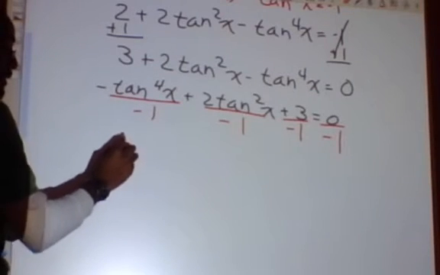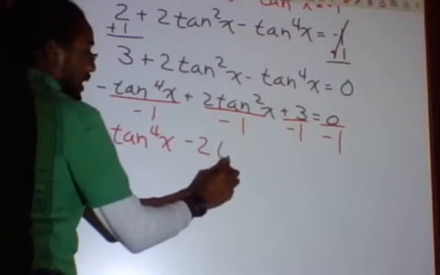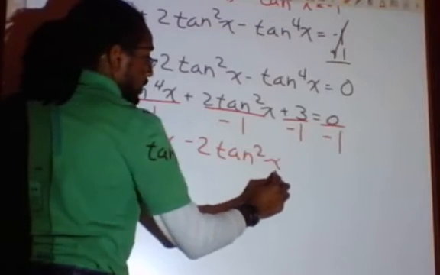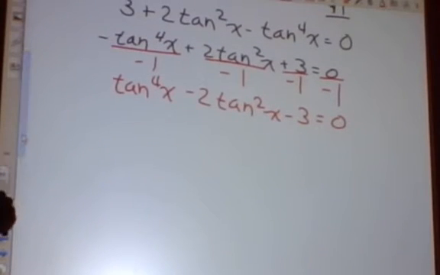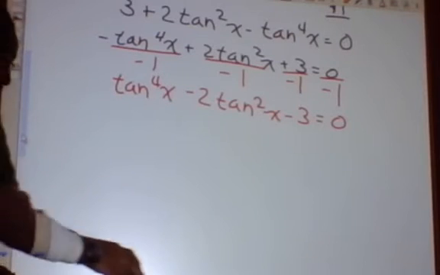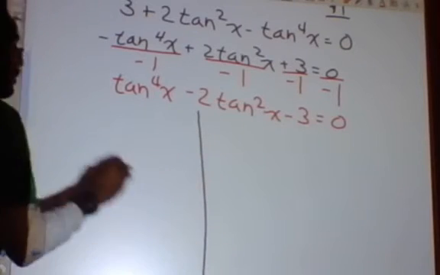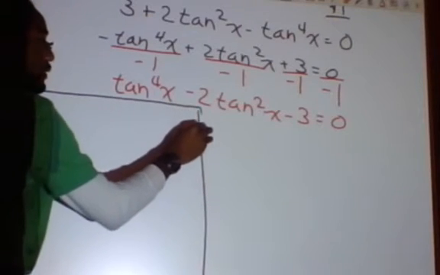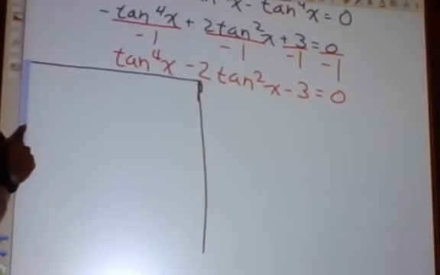So here, that would give us a positive tan to the fourth x minus 2 tan squared x minus 3 equals 0. All right, with that being said, we're going to go ahead and try to factor this thing down. And so I'm going to spend a little bit of time on this. I'm going to make it into this little box over here. And we're going to use what we do here in this little box to help us solve this whole trig function out here.